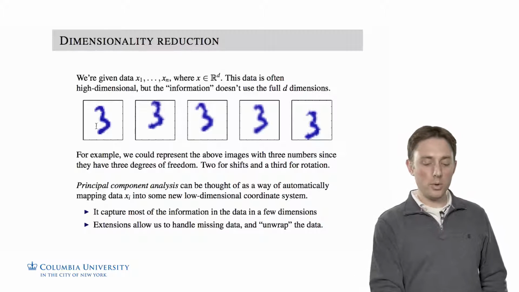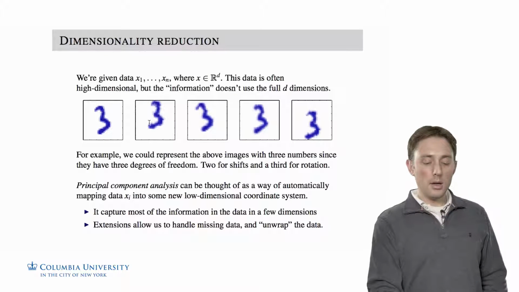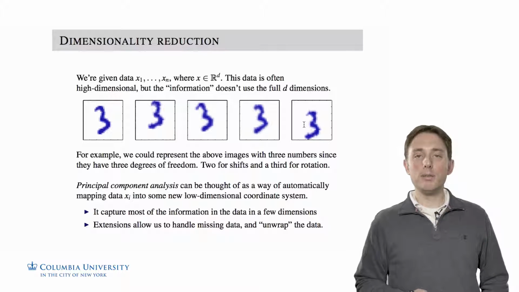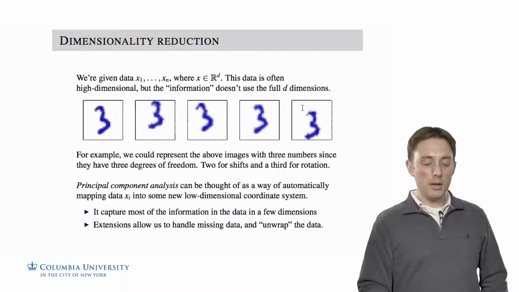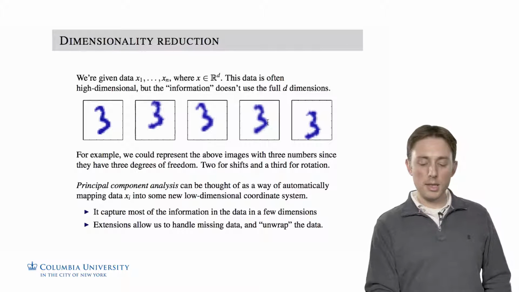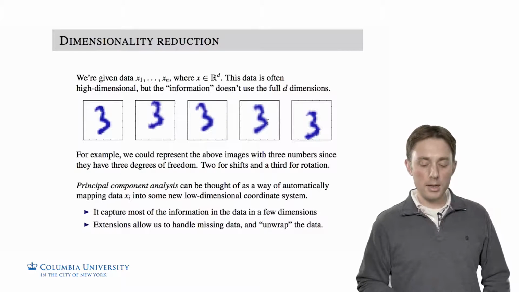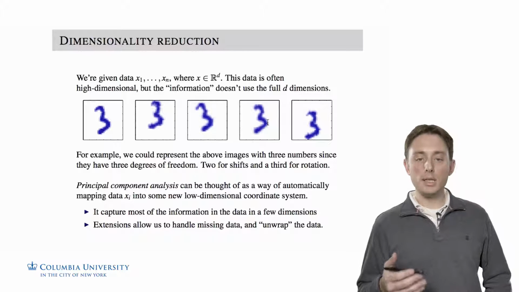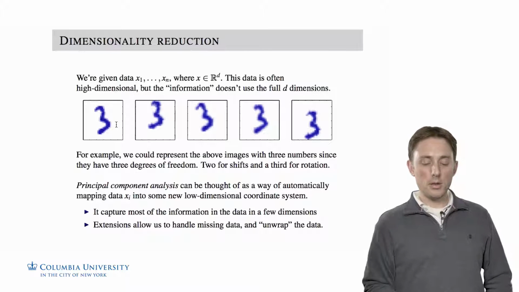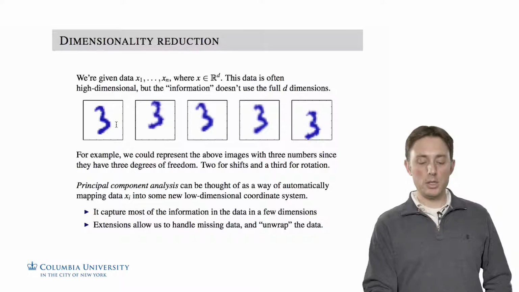Here's an example of that where we have high dimensional images. If we view each image as a point in a very high dimensional space, we would have these five different points all in the same space. However, instead of having to represent it in that image space, if you notice that these 5 images all really can be captured by 3 numbers, since all we need to do is learn a shift and learn a rotation, 2 shifts and 1 rotation for these 3 images.